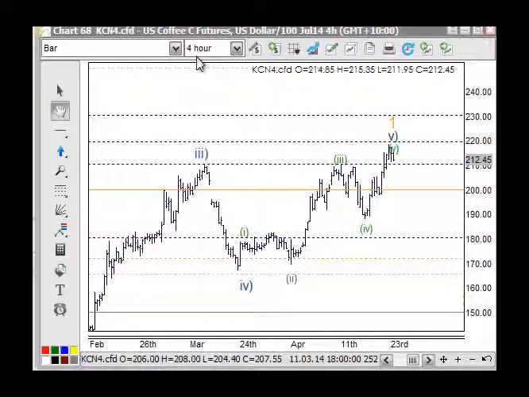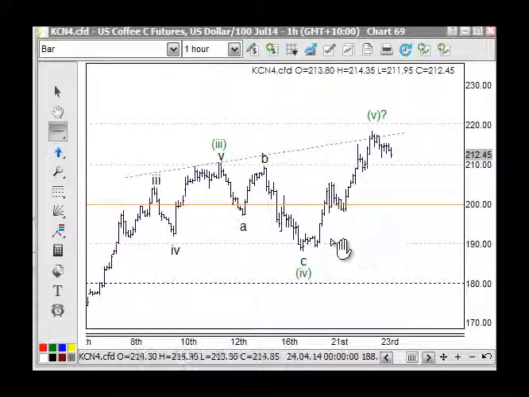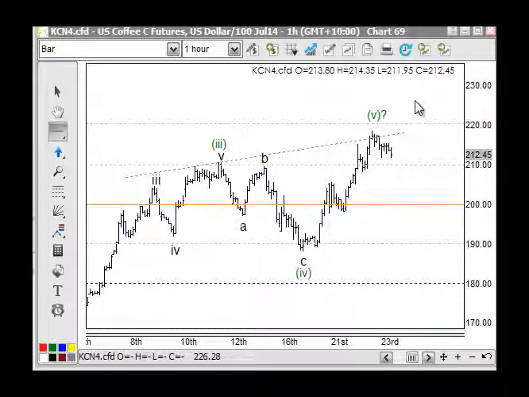This is just the 4-hour chart, and these are the little 5 waves that we've been looking for to the upside. We're looking at 218, 220, so it's possibly in there now. Just the 1-hour chart now. I haven't actually pulled all this apart here. I mean, this could still have another little push to the upside here, but I'm not that concerned about it.